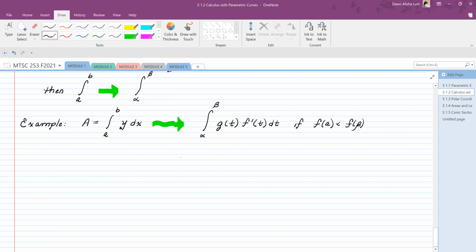Or I'm going to write it as the integral from beta to alpha of g of t, f prime of t dt, if f of beta is bigger than f of alpha.